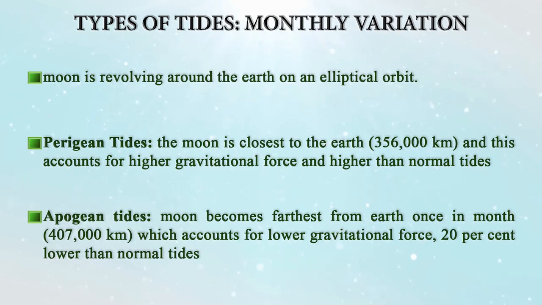Due to this there is a higher gravitational force when the moon is nearest to the earth, and we experience perigean tides, which are about 15 to 20% higher than the normal tides. And when the moon is farthest from the earth, we experience apogean tides, which are about 20% lower than the normal tides.